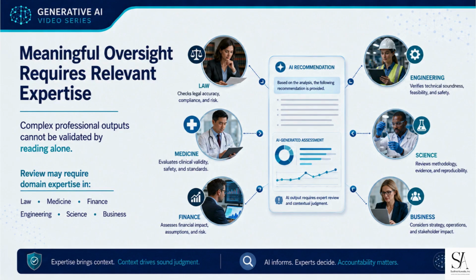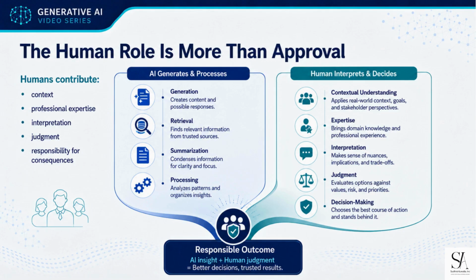This creates a useful sequence for many knowledge work applications. The human frames the problem, the AI processes or generates material, and the human evaluates the result. The workflow combines machine scale with human judgment rather than assigning the entire activity to either one. The same principle applies to decision support. Generative AI can organize evidence, identify alternatives, summarize policies, or recommend possible actions.